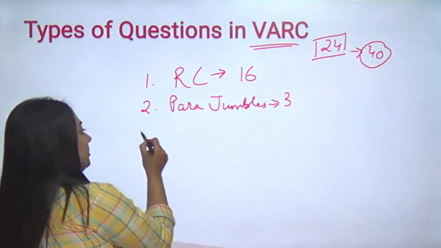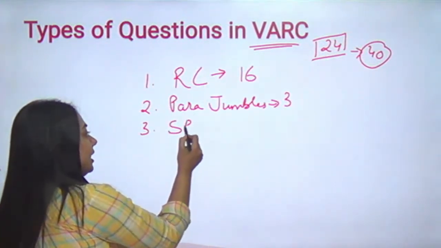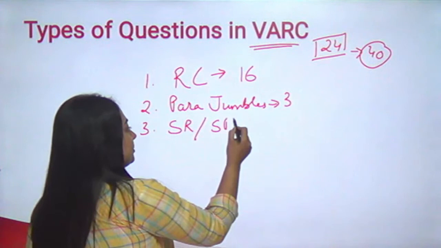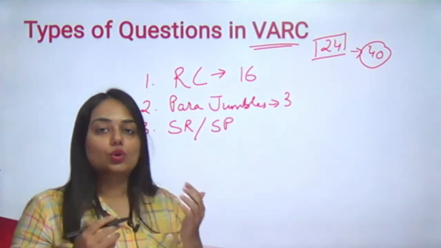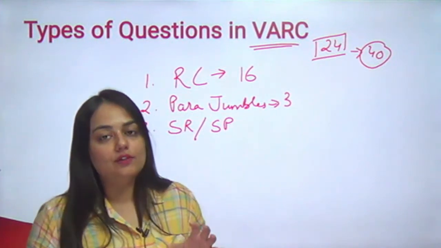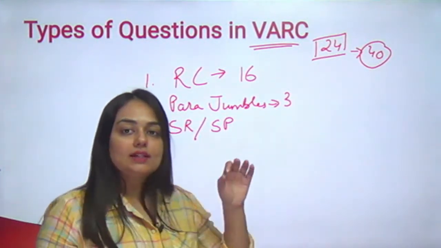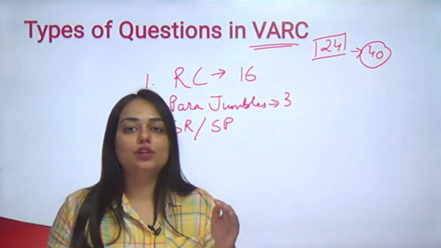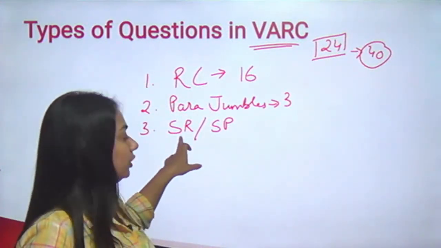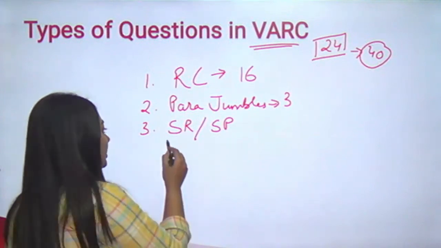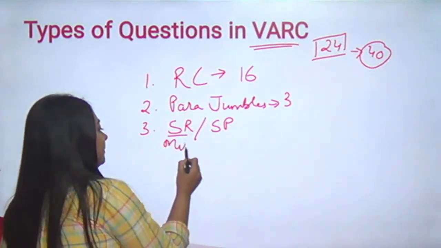Third question type is either sentence rearrangement or sentence placement. Now you must be wondering why these two choices. So it was only last year that we saw questions based on sentence placement. Before this we used to get misfit questions. So for this one, sentence rearrangement, rather it should be misfit.